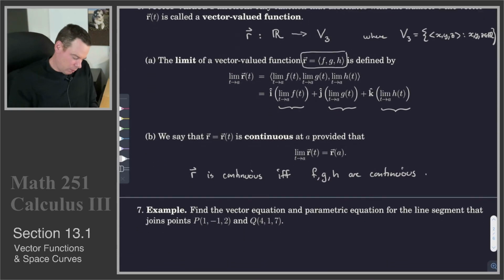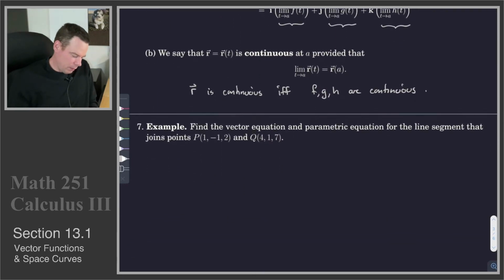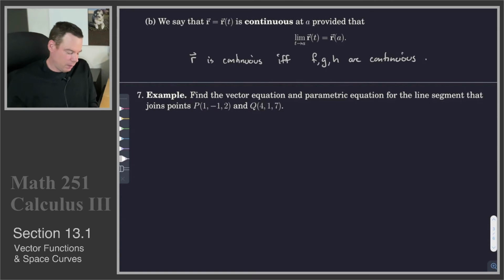And so now let's have a look at an example. We're going to find the vector equation and parametric equation for the line segment that joins these 2 points. So we've got our point P, our point Q, and what we're interested in is parametrizing the line segment between them. So the first thing we're going to note is that we can find a vector in the direction of this line segment.